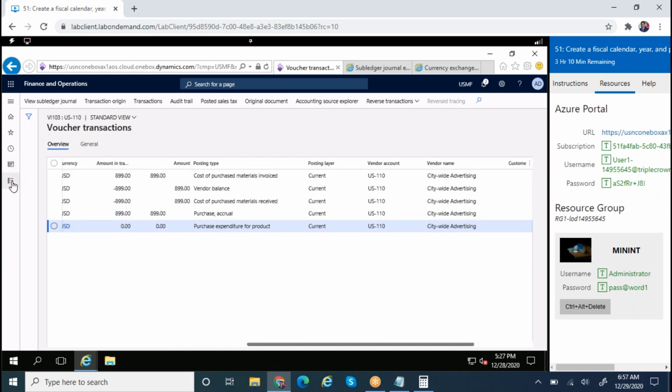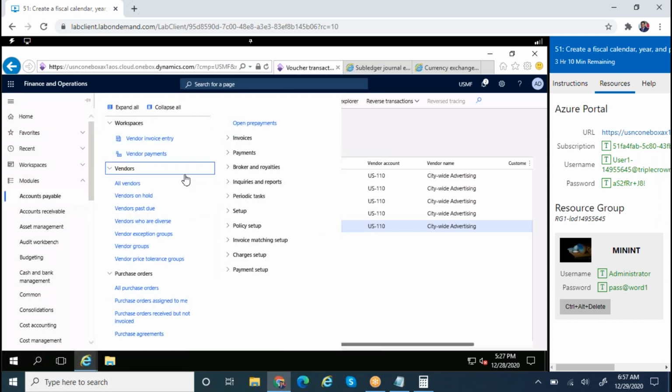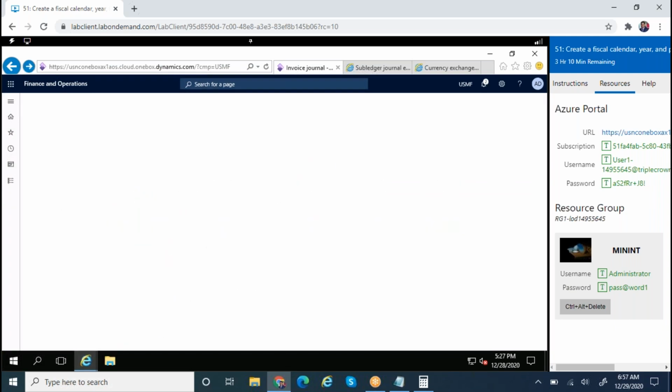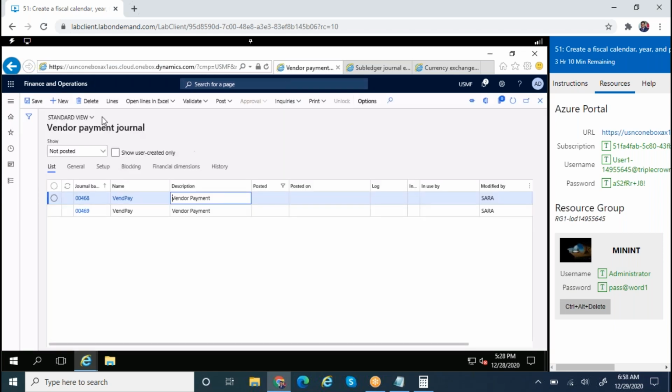But if you are going to do a vendor payment, let me create a new one, select the vendor payment, lines.